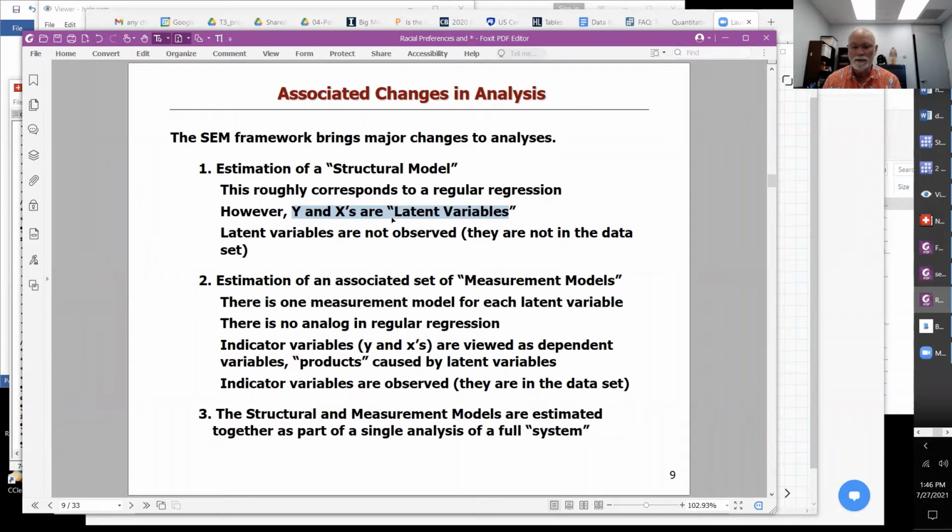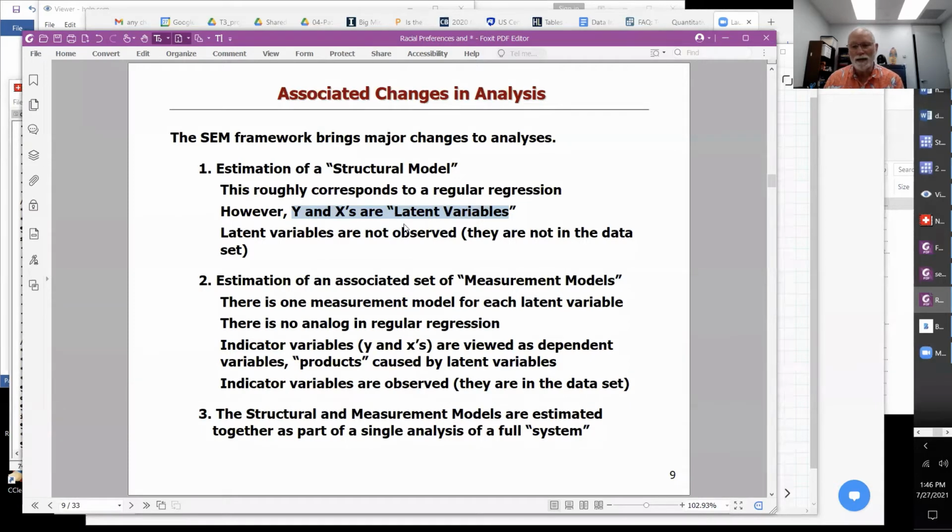We're thinking of them as flawed representations of the unobserved latent variable. The latent variable is never actually in the data set. It's an imaginary, ethereal concept. But in our framework, we're going to be estimating the latent variable by making explicit our assumptions about how the latent variable is connected with the observed variable.